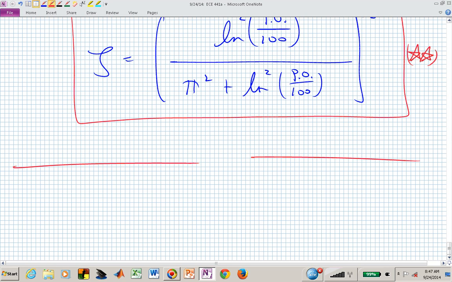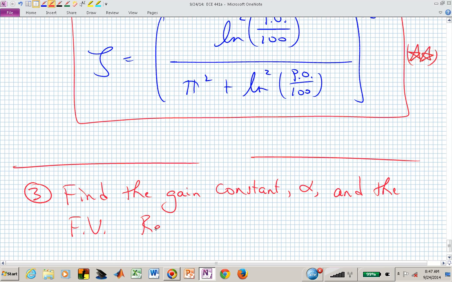We simply need to find alpha. So the third point is to find the gain constant, alpha, and the final value relationship.